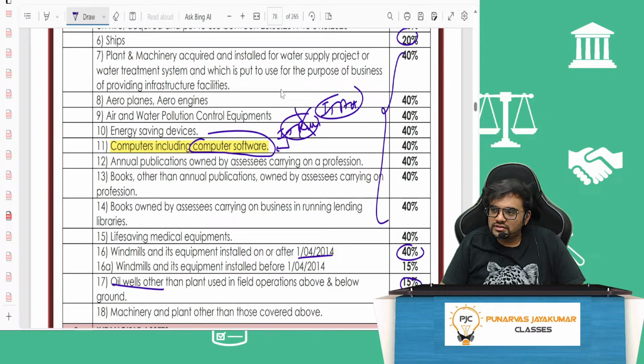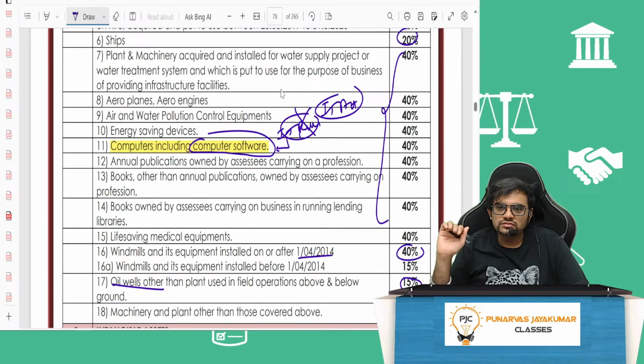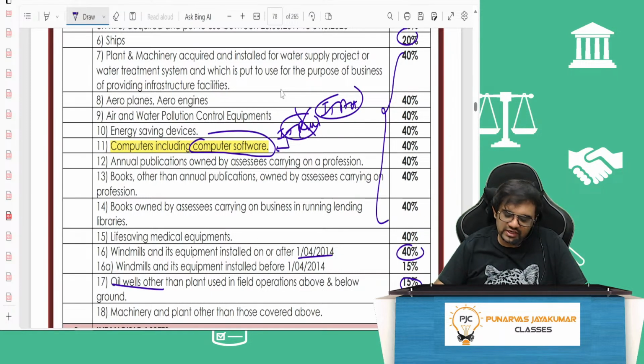Like for example, today if I purchase computer software, Windows, the operating system, and I pay 25,000. Earlier, what people used to do, add it to the asset, claim depreciation, 25%, 40%. Now, no. Why it came and all, you come to final, I'll tell you.